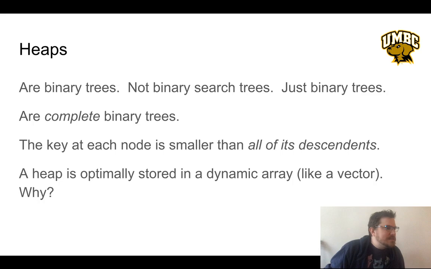It's stored in a dynamic array like a vector. Why? I quit. Oh my gosh, I've been deceived. I know. I walked you guys all in to some sort of scary situation.